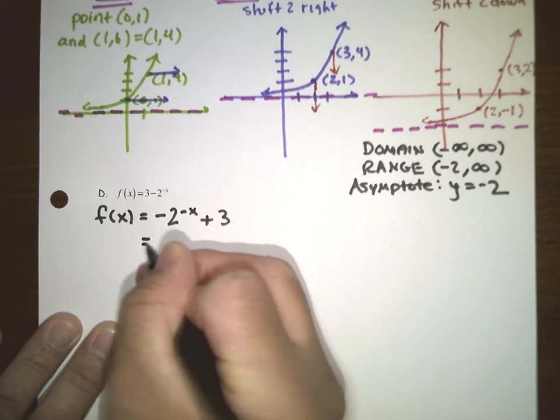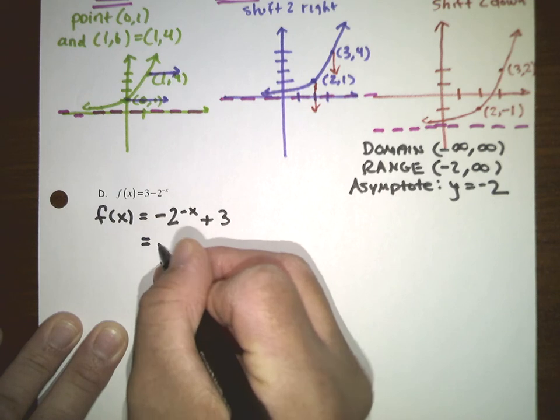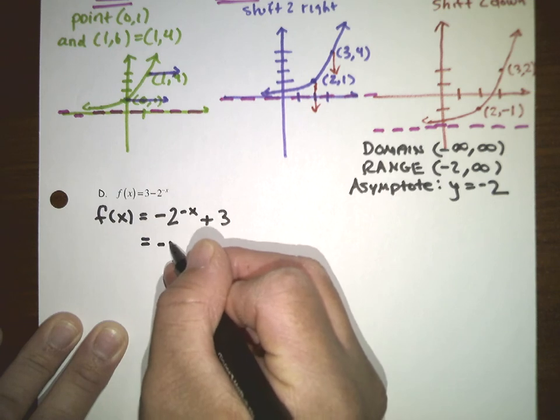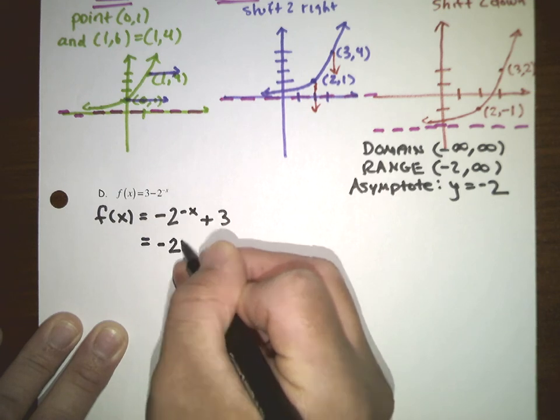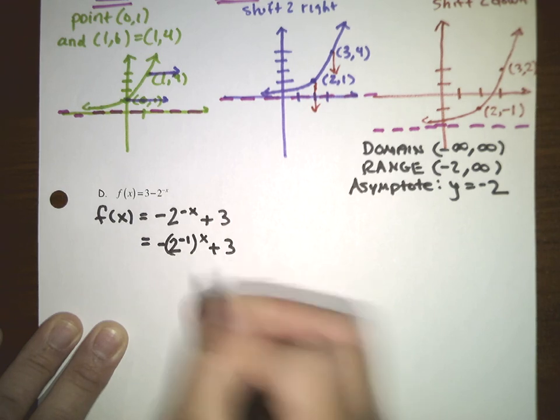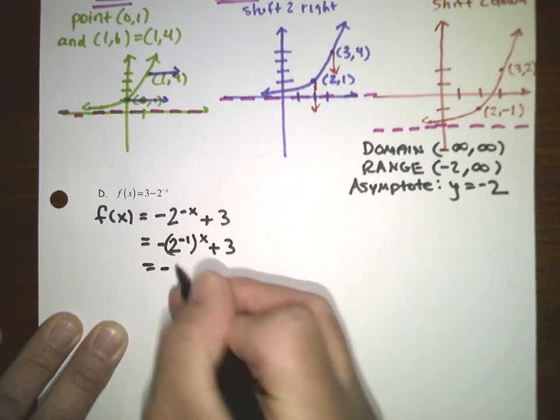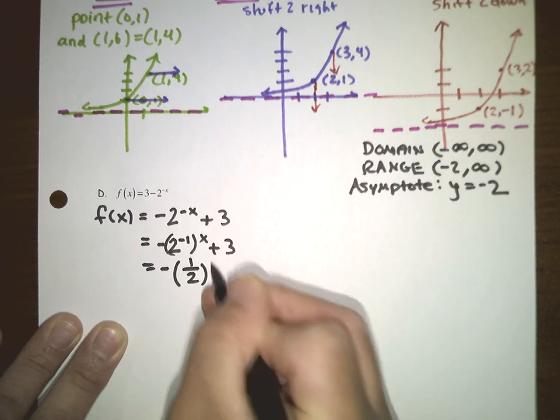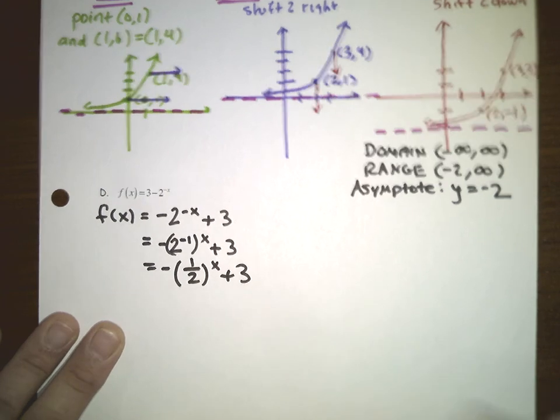So what I'm actually going to do is write that as -2 to the -1 to the x power, so that I can rewrite the 2 to the -1 as 1 over 2, like that.